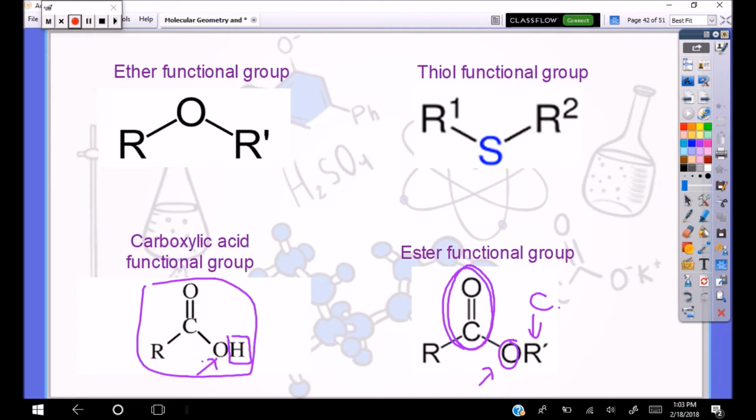Carboxylic acids are the main types of acids we will see in organic. There are other acid types, such as the ones you have learned. But this functional group is always going to be acidic because we have two electronegative oxygen atoms here.